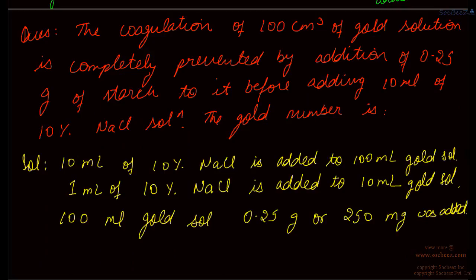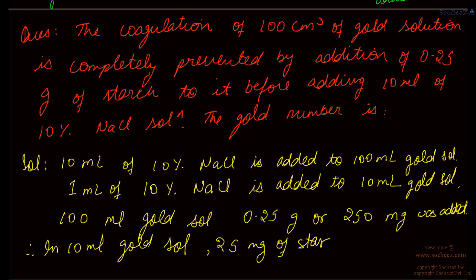Therefore, in 10 ml of gold salt, 25 milligram of starch was added.